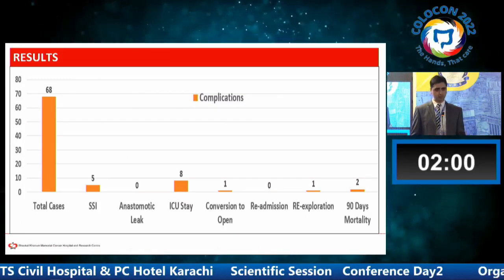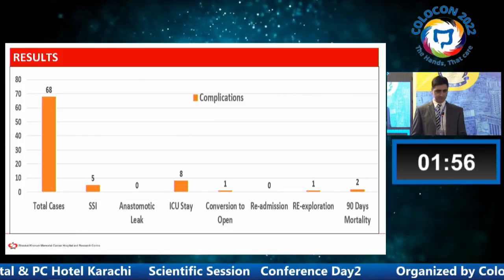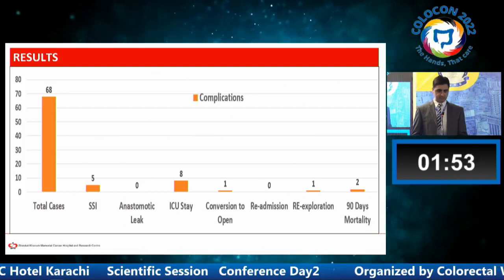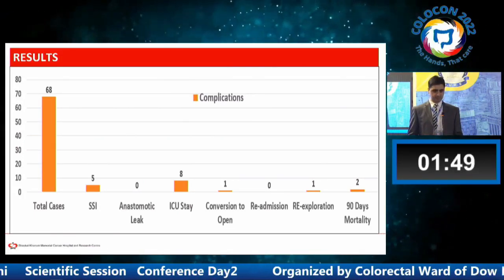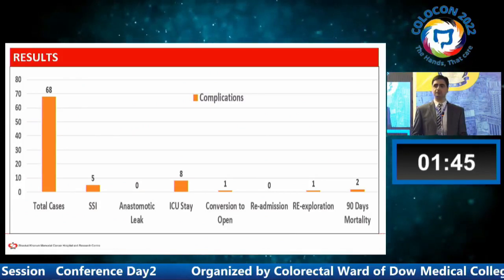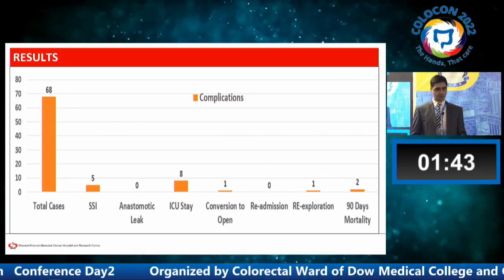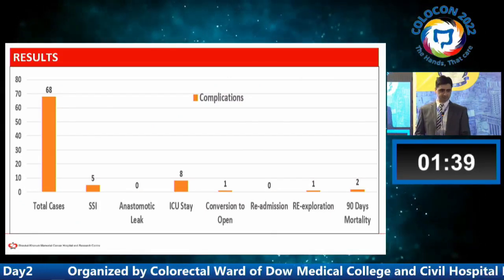The other patient went home, started chemotherapy, and then had chemotherapy-related mortality. But as that mortality was within 90 days, we have included that in our study. Luckily, we had no anastomotic leak during the time period of our study, but unfortunately, we have seen 2 leaks in the last 2 months.